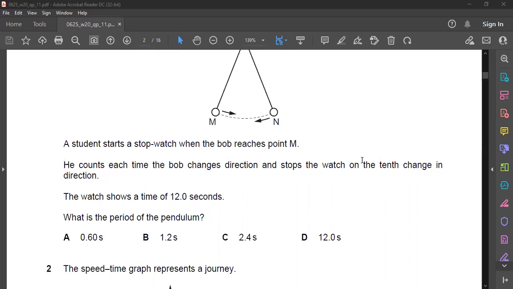So if it has 10 changes in direction, that means we have 5 oscillations. Now you can use your calculator: 12 seconds for 5 oscillations. So that means the period of the pendulum is 2.4 seconds. Remember, period is the time taken for one complete oscillation. Okay, come on, number 2.